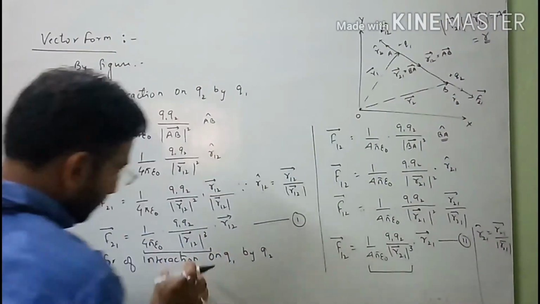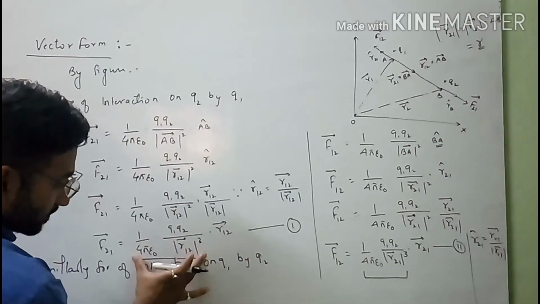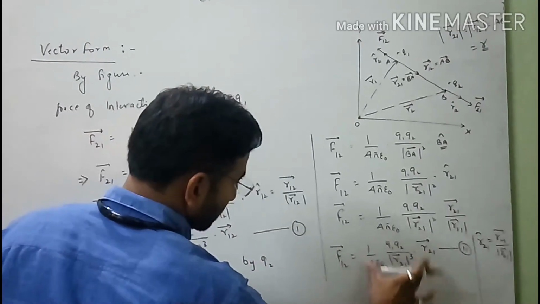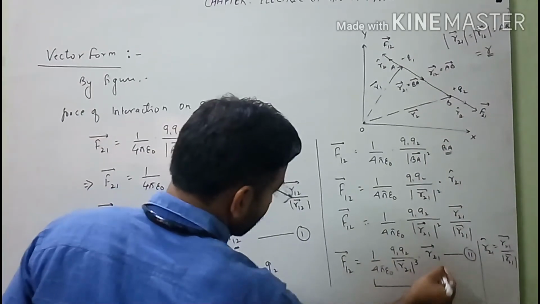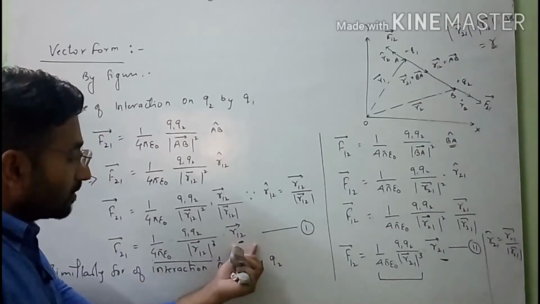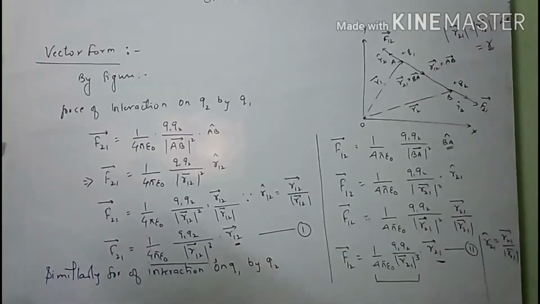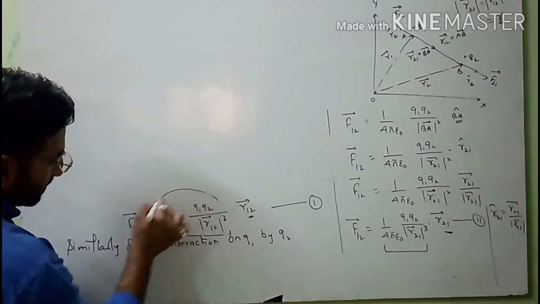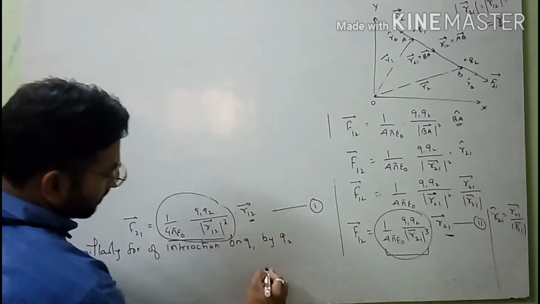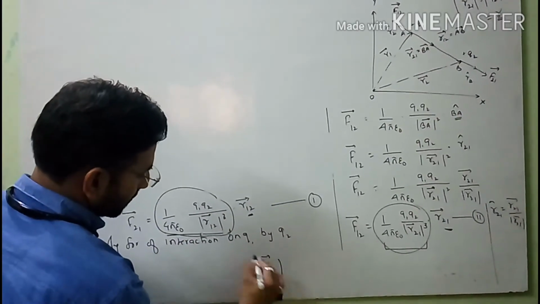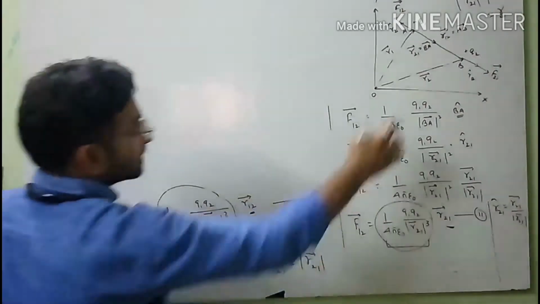If I see this relation, then we will see that this part and this part both are equal in these two cases. So the difference is only R12 and R21. Let's see how we will solve this condition. See here, we know that this part of this relation and this part of this relation are the same because we know that R12 mod and R21 mod are equal as I discussed here.